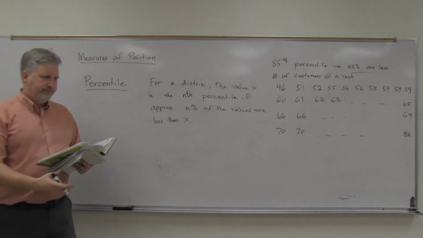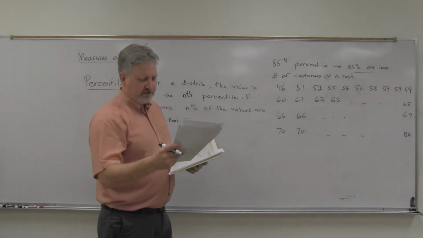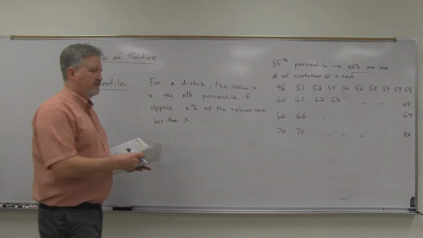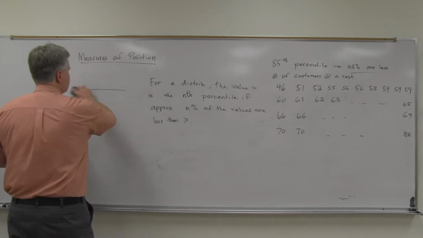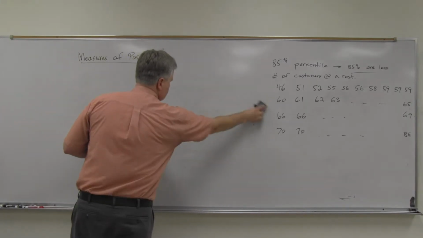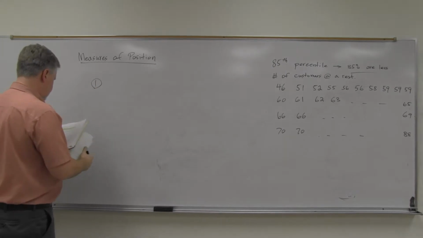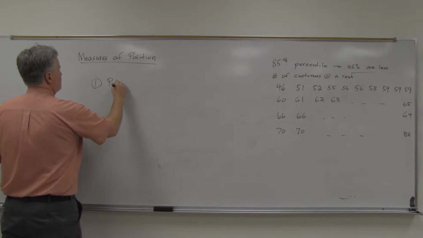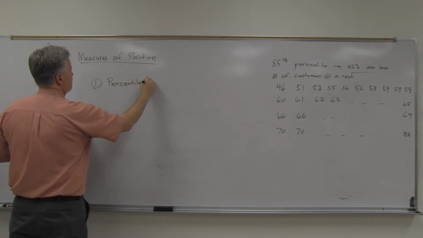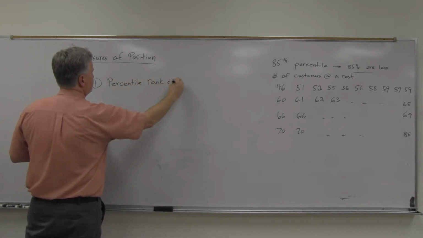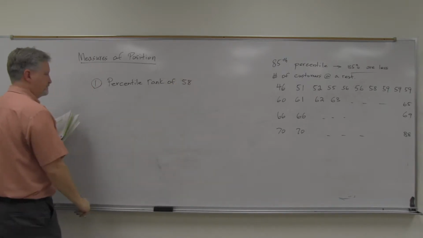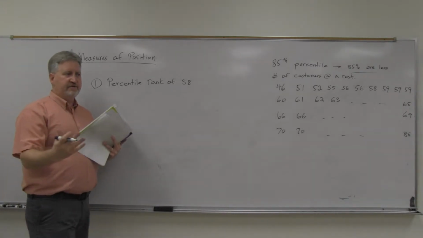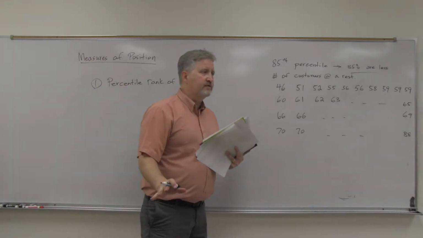Let's first figure out a couple of percentile ranks, keeping in mind what the percentile means. Number 1 here, let's get the percentile rank of 58. The percentile is basically the percentage of values less than the number we're talking about.